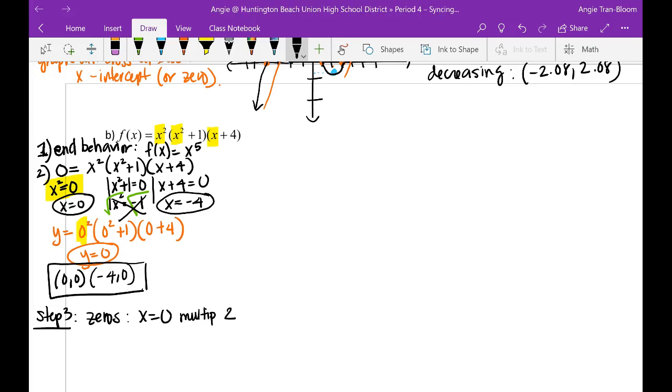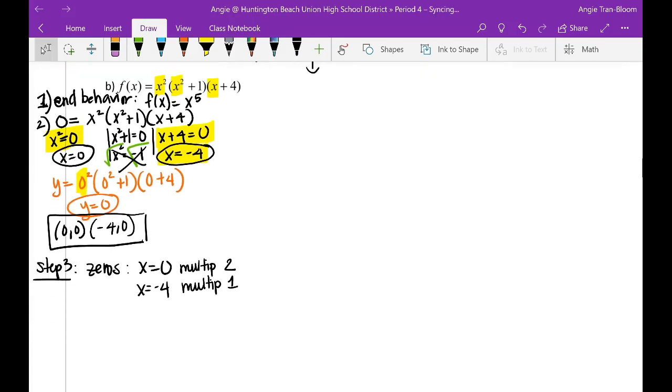Now, how about the negative 4? Well, that's my second zero, x equals negative 4. How did we find that? Well, it was just x plus 4 equals 0. So that just has a multiplicity of 1. Okay. And then it says, tell me whether it crosses or touches at these 2 locations.